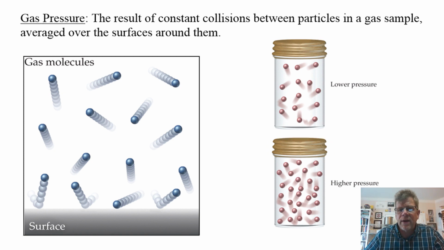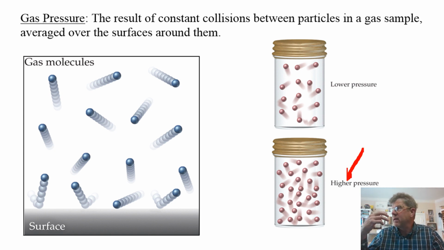Well, the one with the greater number of gas particles creates a higher pressure because there are more gas particles at any given time impinging off the inside surface of that container, whereas the gas sample with fewer particles in it is going to have a lower pressure because at any given moment there are fewer particles on average impinging on the inside of that container.